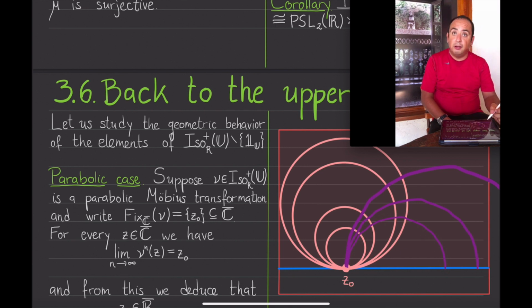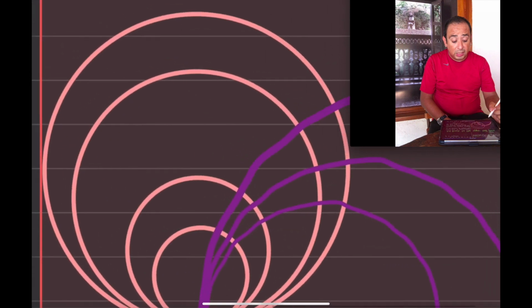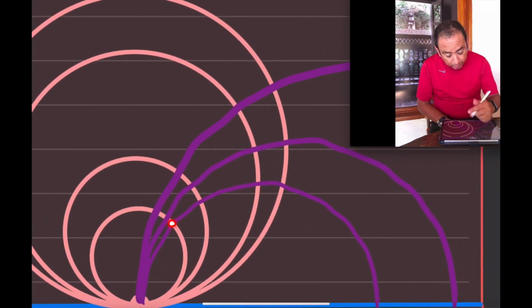So this means that the image of this shortest curve has to be another shortest curve. Okay, so let's say that other shortest curve is this one. So that means that when you look at these intersection points, their images under nu then have to be these ones. So that's what I mean, that somehow the flow is well organized.